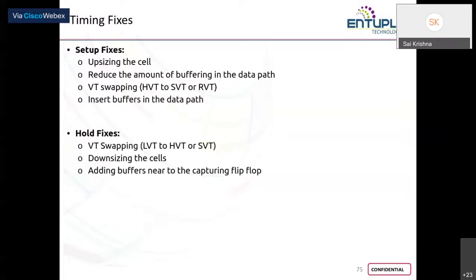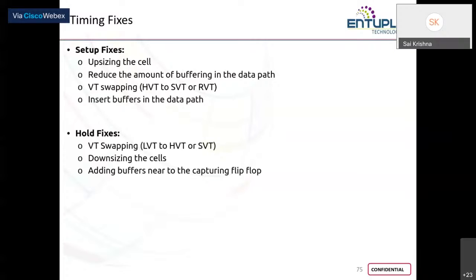Now, when you use more LVTs, low voltage threshold cells, they switch faster. That means the cell delay reduces, because of which your setup slack could benefit. But the drawback is that your leakage power will increase. LVTs have the highest leakage power compared to SVT, and even more when compared to HVT.